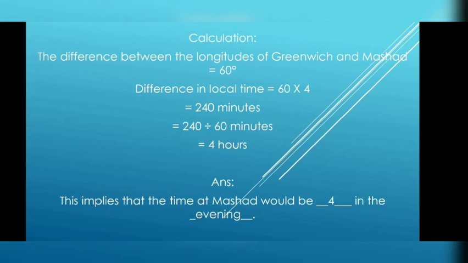The difference in the local time is 60 into 4, which is 240 minutes. 240 divided by 60 minutes is 4 hours. So the answer is, the time at Mashhad would be 4 in the evening. It was from 12 noon to 4 in the evening.